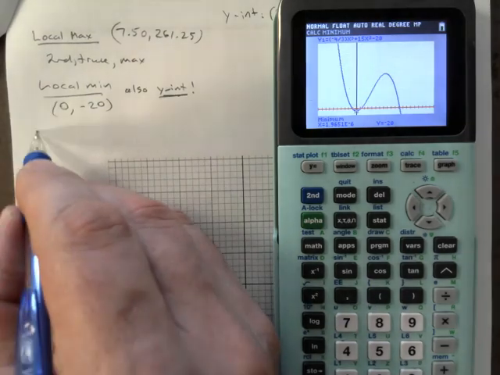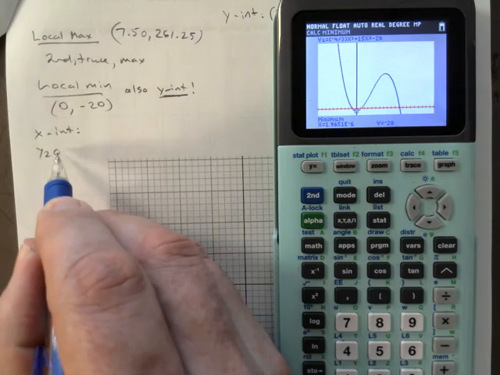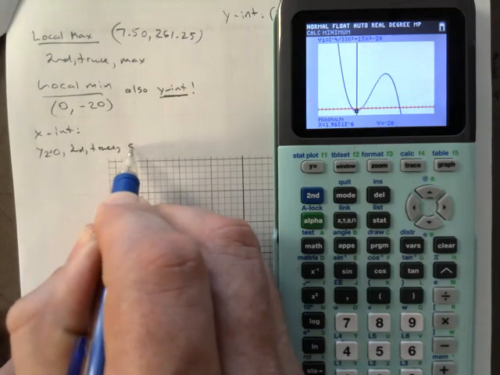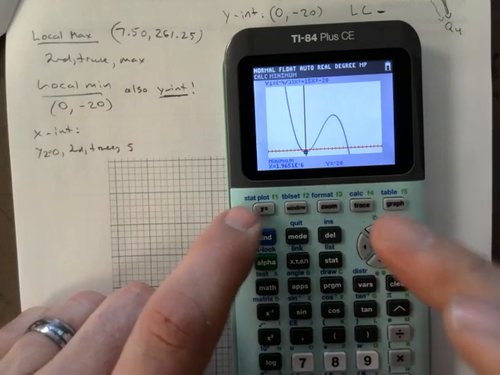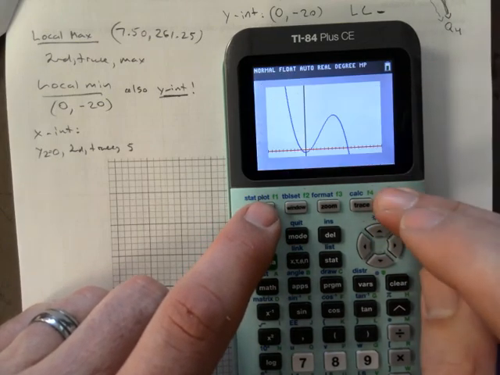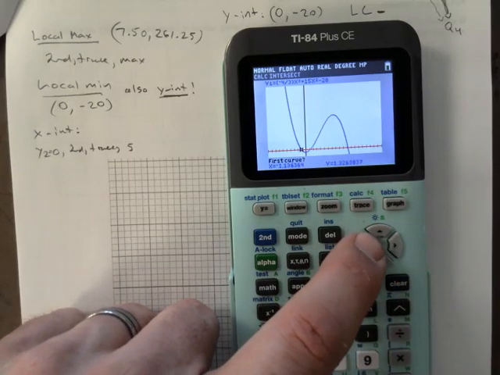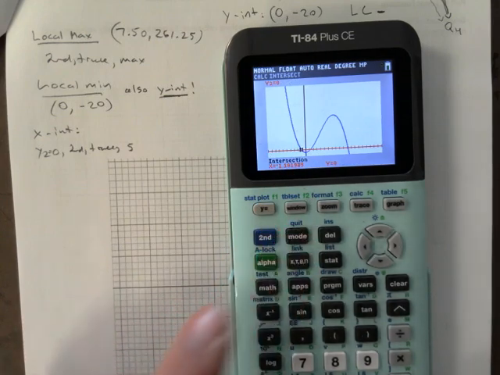And now let's find the x-intercepts. We're going to go y2 is equal to 0. Second, trace 5. I already let my y2 equal to 0. I hit graph. Second, trace 5. Go to the left one here. Enter, enter, enter.